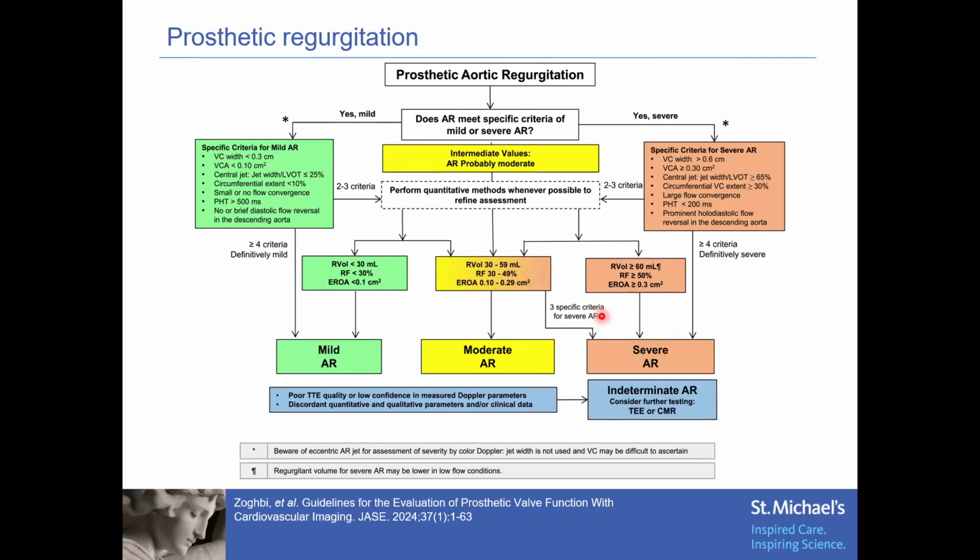Just keep in mind that when you have prosthetic valves, getting a PISA shell is not always very easy, as you know. So it's not always possible to get quantitative measurements, but when available, it's still useful and still representative and accurate.